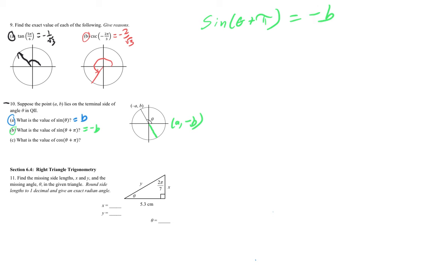And then next we want to look at the value of cosine of theta plus pi. I'm just going to leave that drawing there. And we know cosine of theta plus pi means we want the x value, right? So in this case, it's just going to be a.